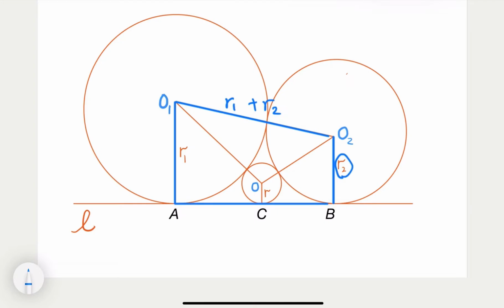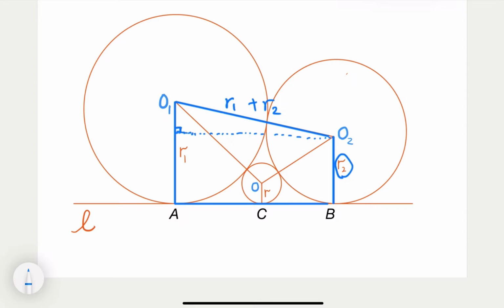So when you think about it, if you have a line parallel to AB here, this length must equal AB, and this is a right triangle here.